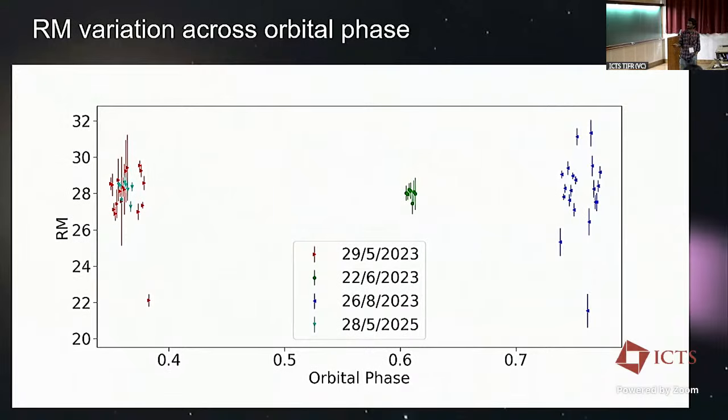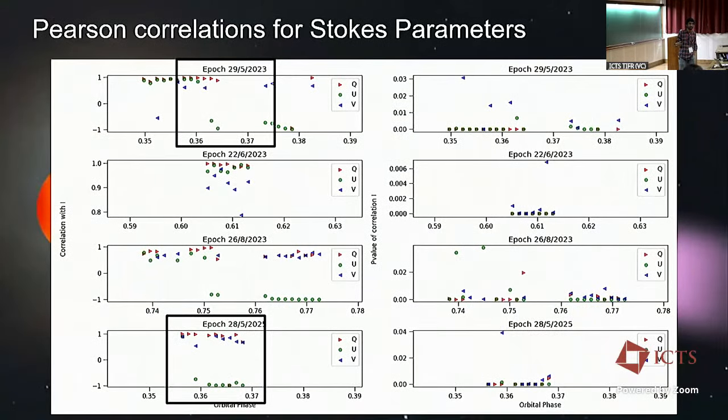We don't see such flips along the orbital period. We are still probing and expanding our samples, but this is one of the pulsars where we observe such a change. Is this a black widow or a redback? No, this is a 10-day orbital period pulsar. Okay, a millisecond pulsar.